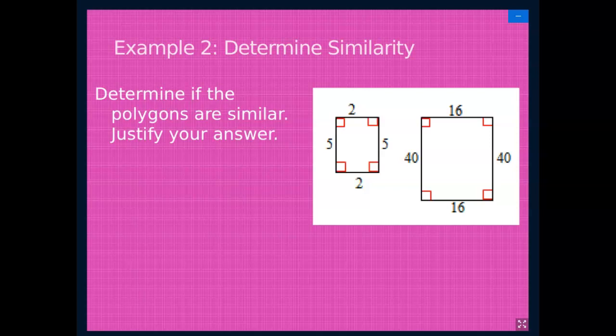So what I'm going to do is compare the sides of the first rectangle. Its width is 2. Its height is 5.